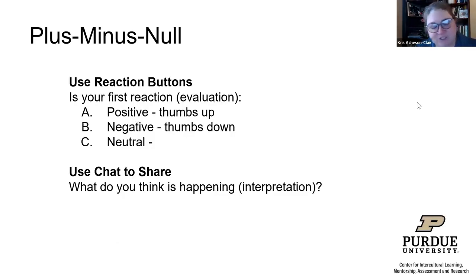Okay, so the first thing I want you to do, and I actually can't see the cameras on my screen because I'm sharing my slideshow, so I'm going to ask Harain to keep an eye on the videos and read the room and see what the balance is between positive, negative, and neutral here. So use your reaction buttons and indicate if you had a positive reaction to that, a negative reaction to that, or just a neutral reaction, no strong emotions attached, okay?